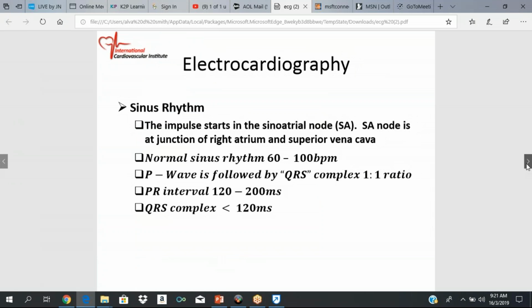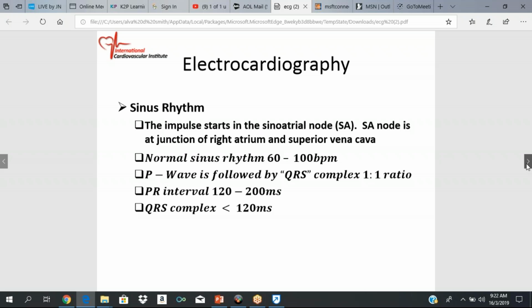All right. So let's look at this. I went over this. When we say sinus rhythm or normal sinus rhythm, what you're telling whoever you're communicating with is that the impulse starts in the sinoatrial node where it's supposed to start.